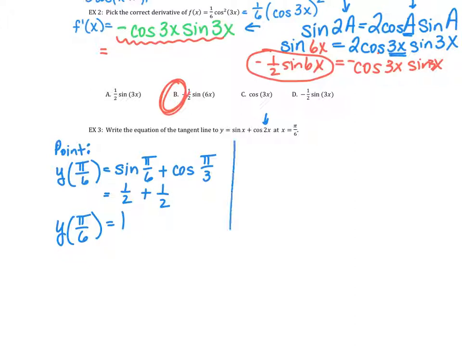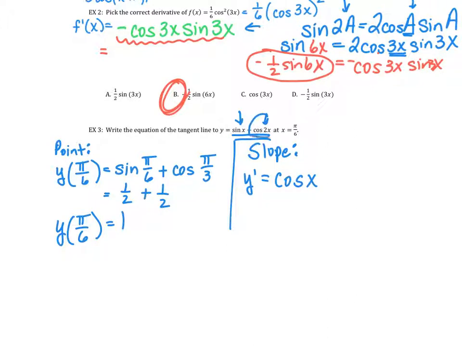All right, let's look at the slope. To get the slope, I'm going to need to find the derivative. So I either write y prime or dy dx, whichever you prefer. Let's find the derivative of this thing. Well, with the plus, I'm just going to go down the line. So the derivative of sine is cosine.